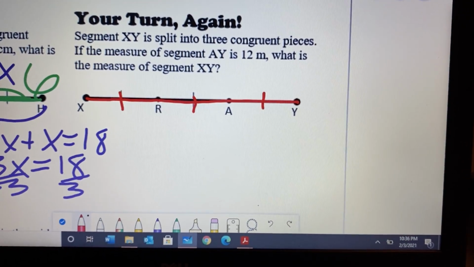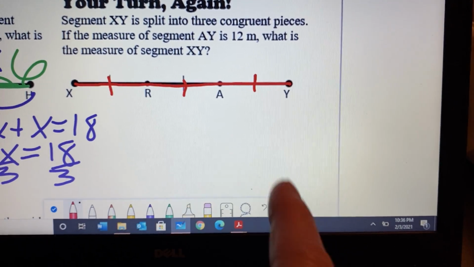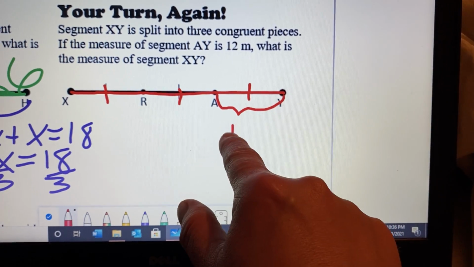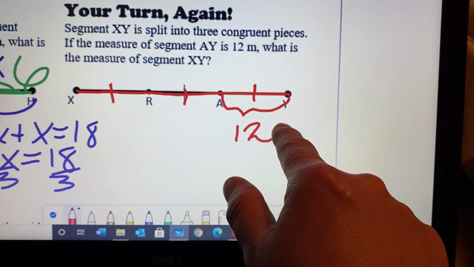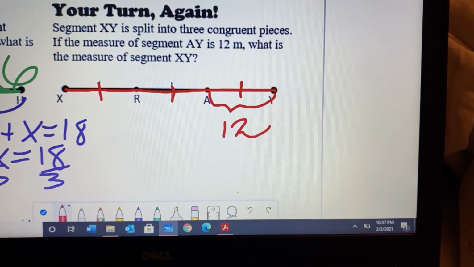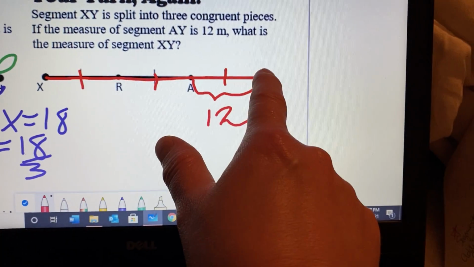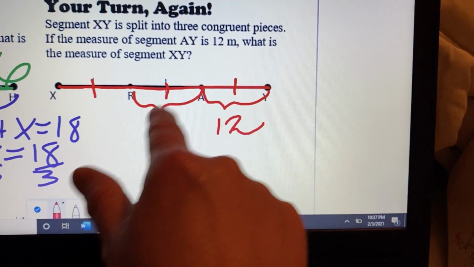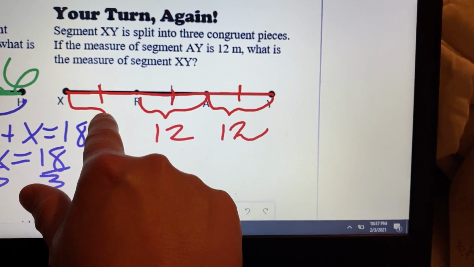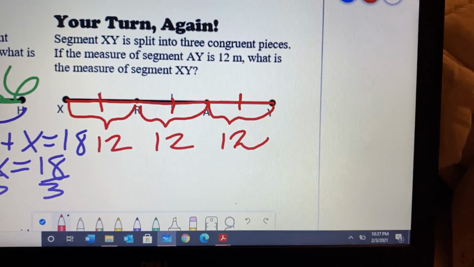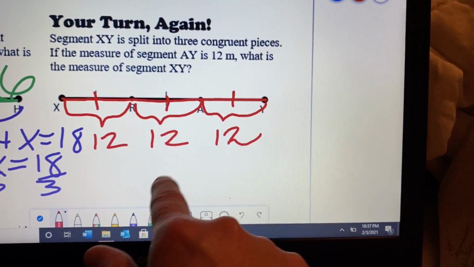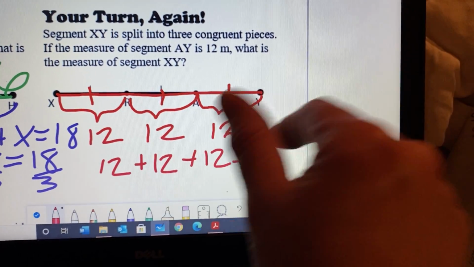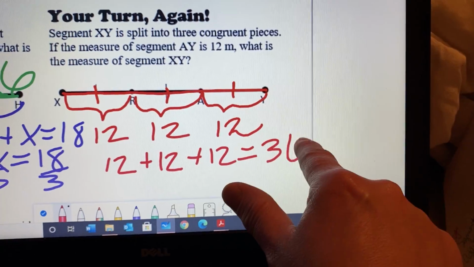It says if the measure of segment AY is 12, so AY is this segment right here, what is the measure of segment XY? If these are congruent, if AY is 12, then RA is 12, and XR has also got to be 12. So the length of the whole segment would be 12 plus 12 plus 12, which is 36.